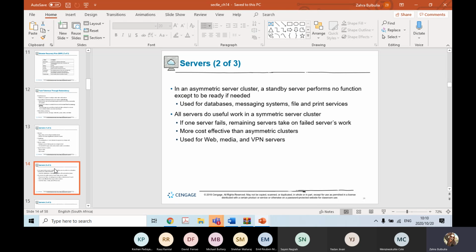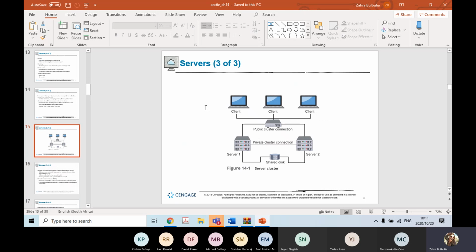If one server fails, the remaining servers take on the failed server's work, and it's the most cost effective, I would say. Asymmetric servers are used for databases, messaging systems, and file and print systems. Both are pretty well known and well used, definitely.